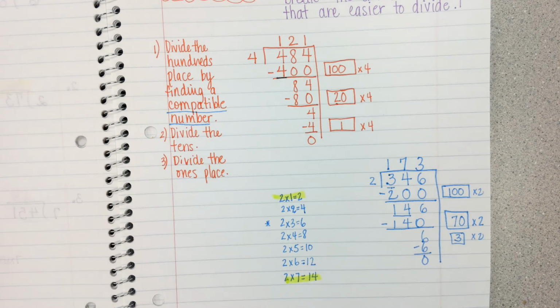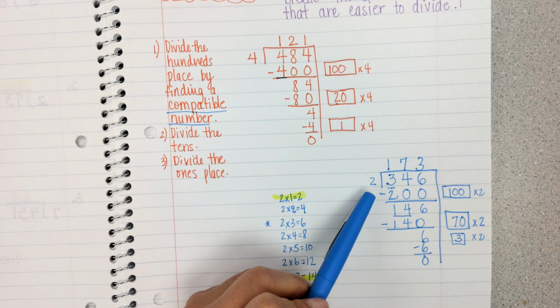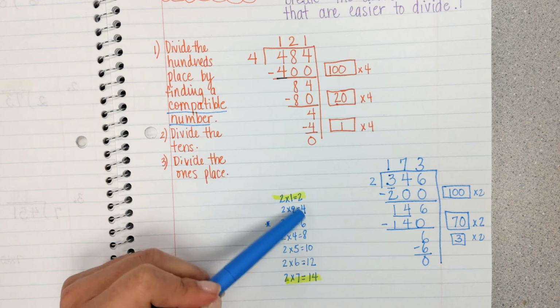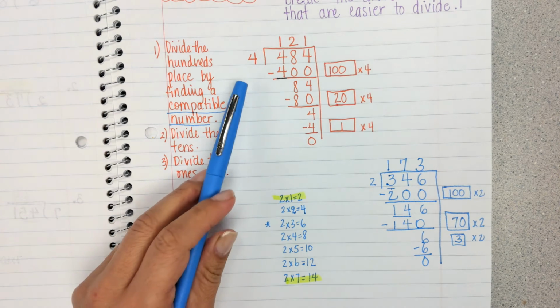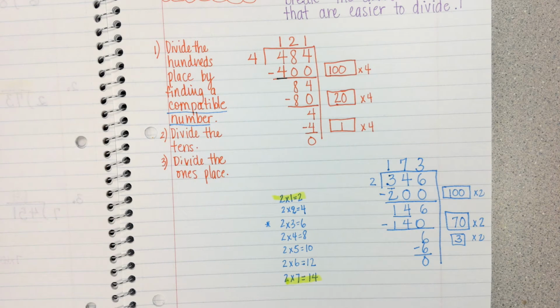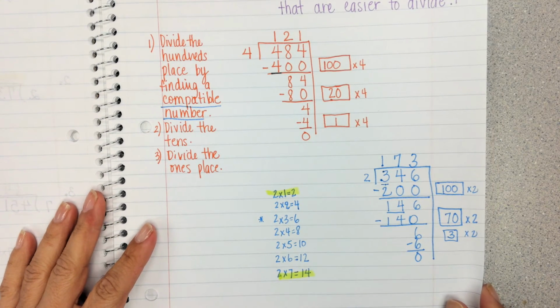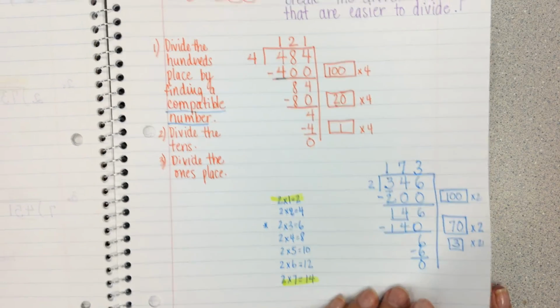No remainder again. Okay. These have been pretty nice and easy because of the divisors. Multiples of 2 are easy to work with for you. Multiples of 4. So now I think you want a challenging problem.